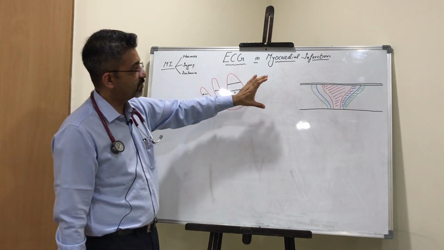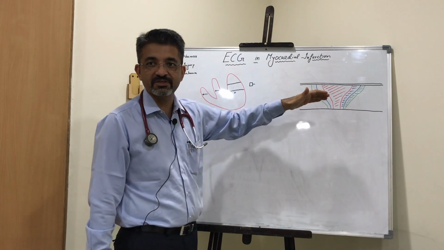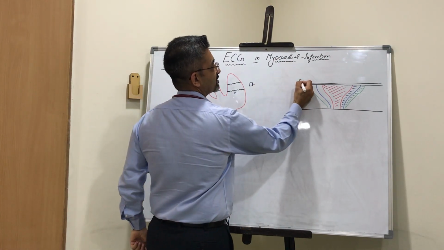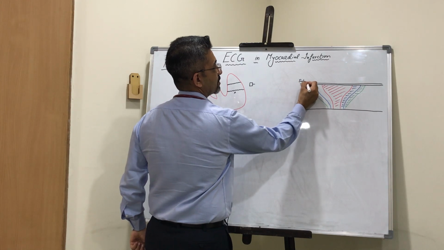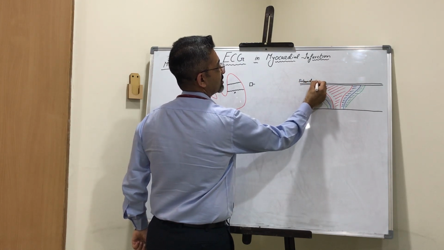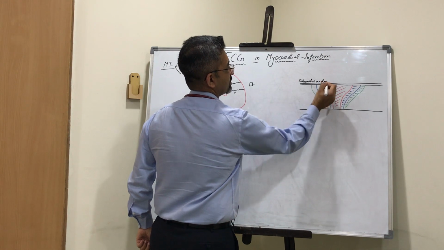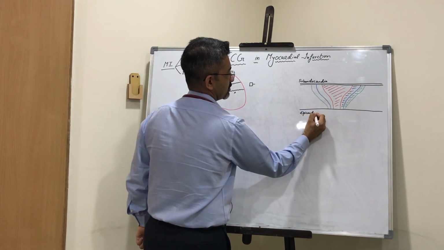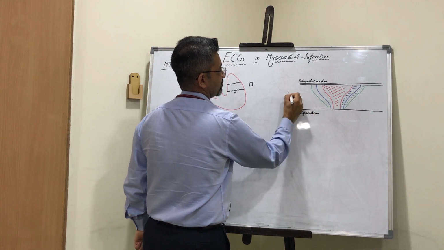So what we are doing is taking a cross section. In this cross section, this is the subendocardial surface, and this is the epicardium. Left ventricle, right?